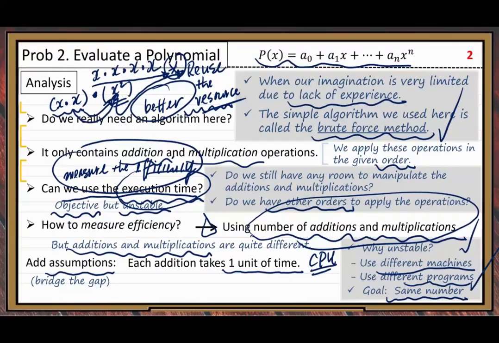To give you some idea, in the category of nanosecond. Nanosecond we know is 10 to the negative 9 second, 1 billionth of a second.